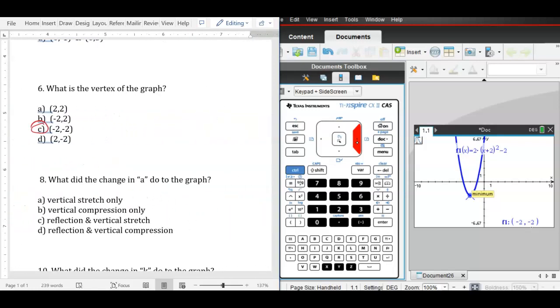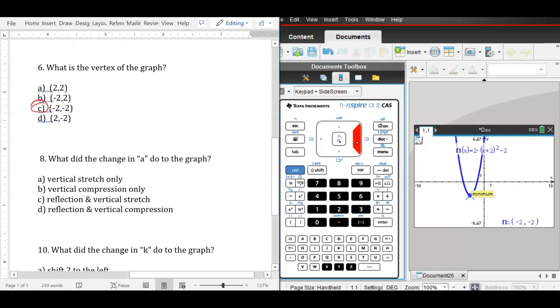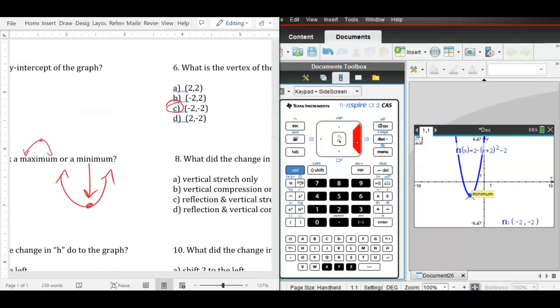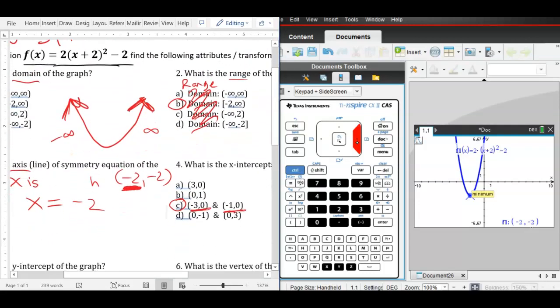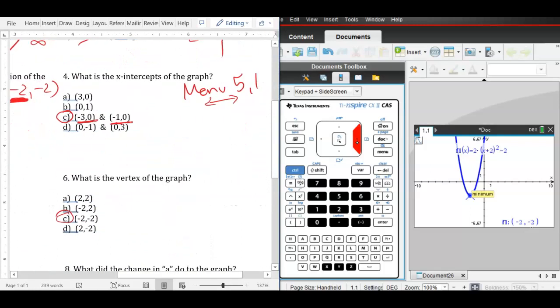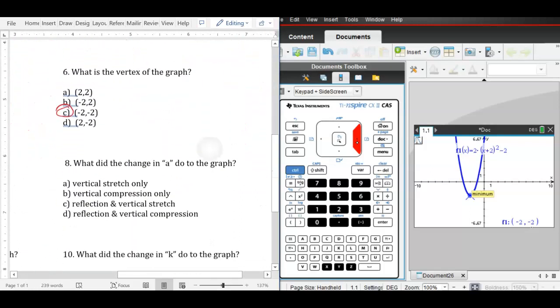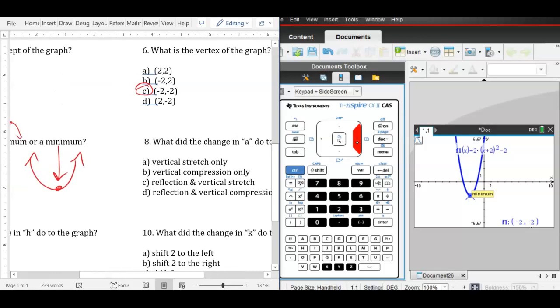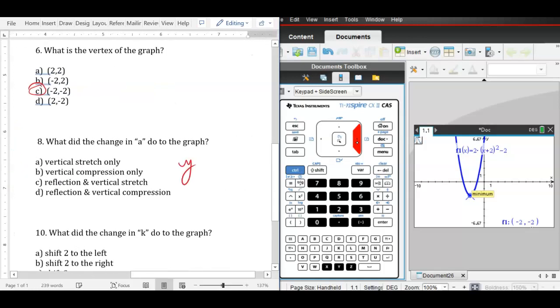All right. Number 8, what did the change in A do to the graph? Okay. So remember, what is our equation again? Y equals 2. If it's greater than 1, it's a vertical stretch.